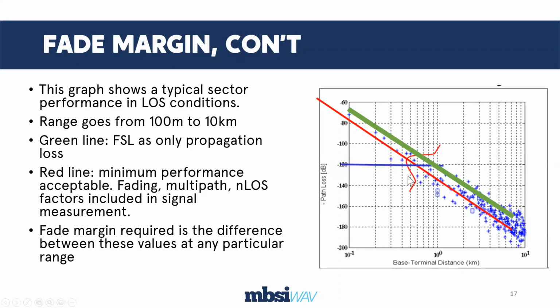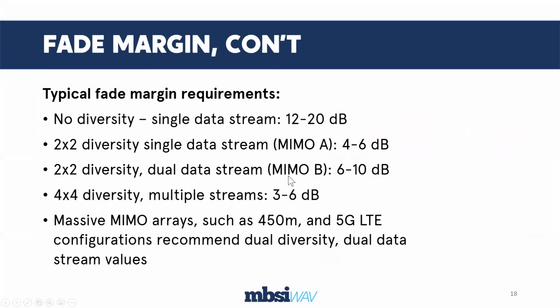So in this particular case, I should not assume that my red line here is going to be my minimum level, because I need to add some signal level to this in order to maintain the performance that I want at that particular distance. These are planning calculations that I make in order to determine what I need to do. So I add fade margin.